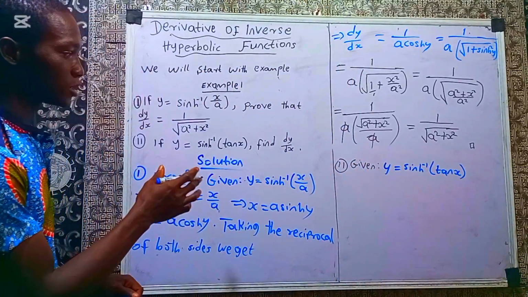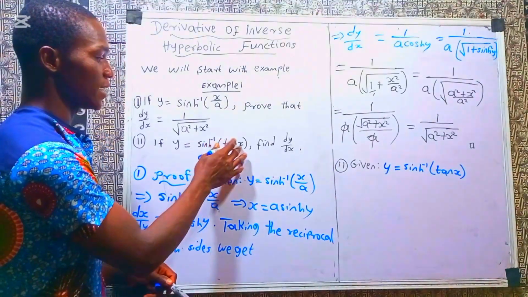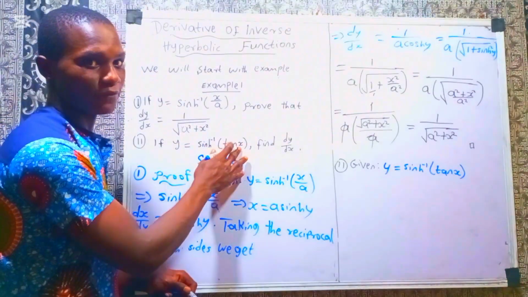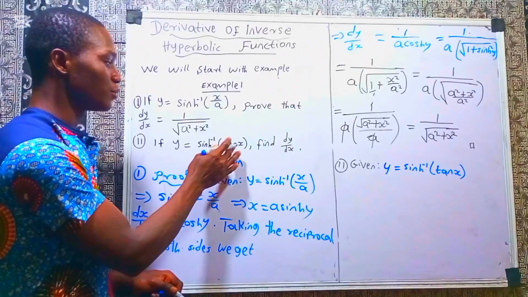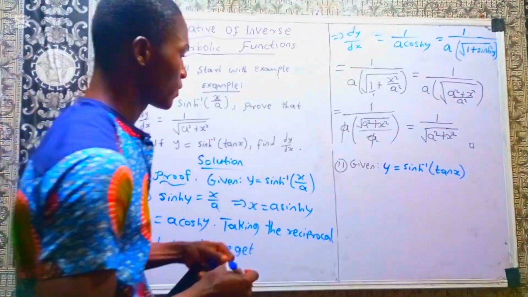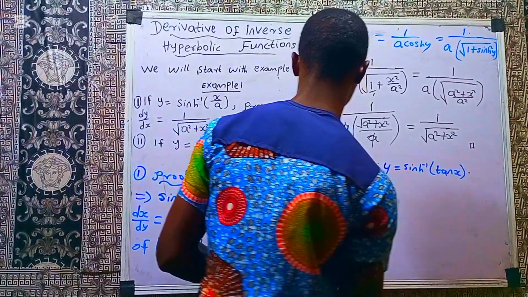So watch closely. This tan x is the normal trigonometric tan function, not hyperbolic tan, because there is no h there. So this one is given to us.